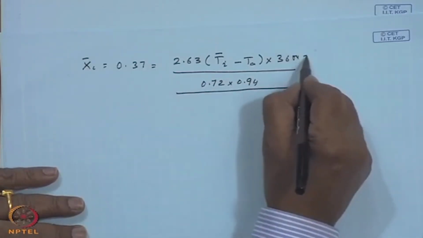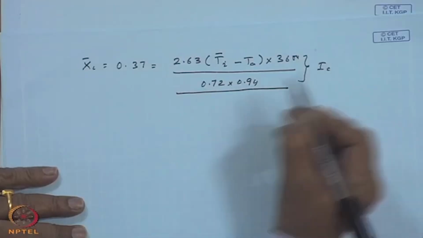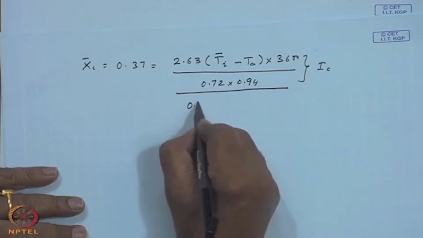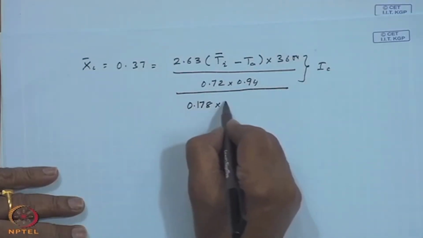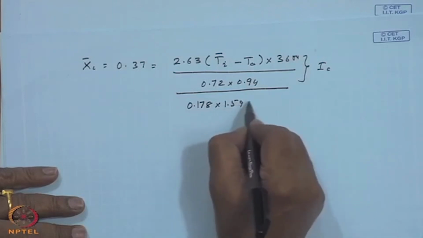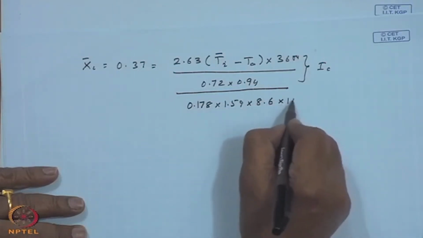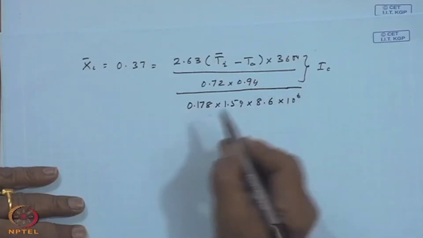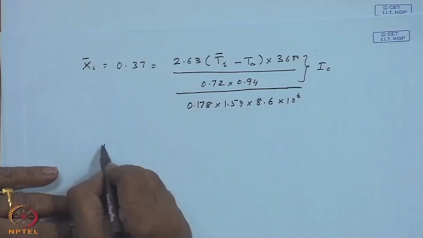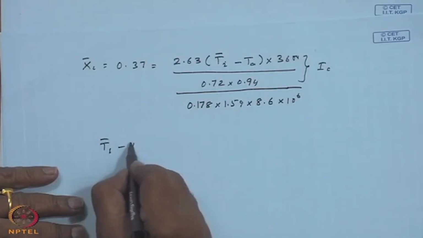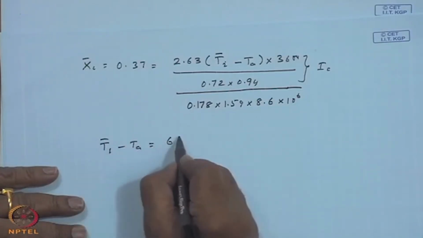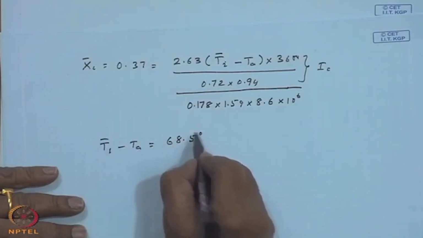This whole thing is I c by I T noon R T N R n, times 8.6 into 10 to the power 6 to make it joules. So, my Ti bar minus Ta equals 68.5 degrees.